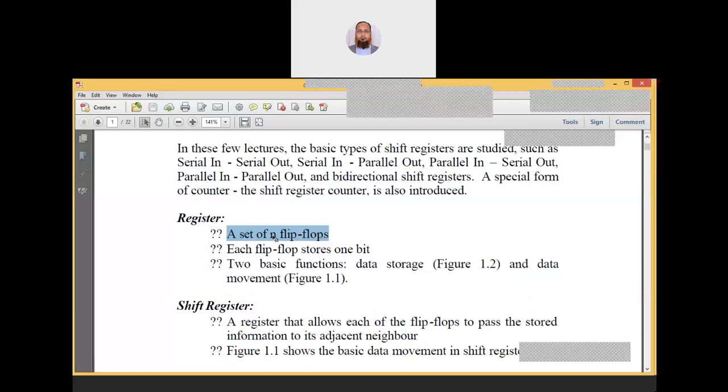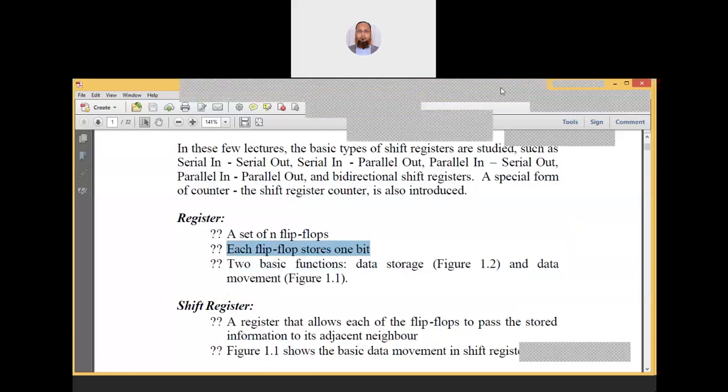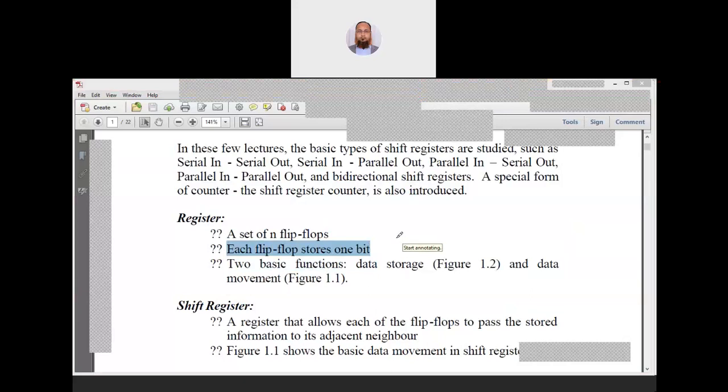If it is 8-bit, we call it an 8-bit register, so there will be 8 flip-flops. As you already know, each flip-flop can store only 1 bit. There are two basic functions: data storage and data movement.